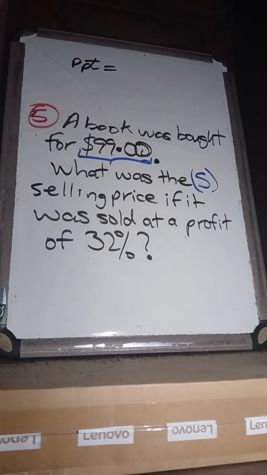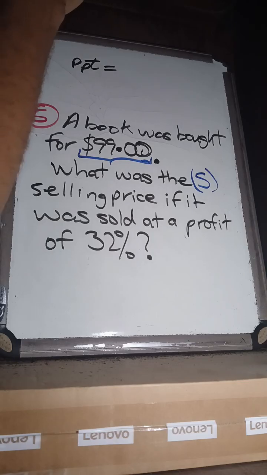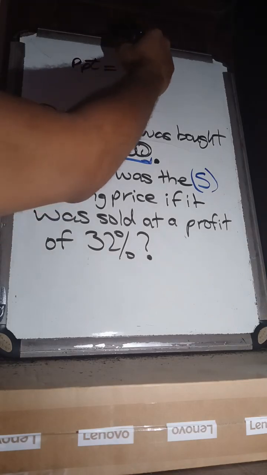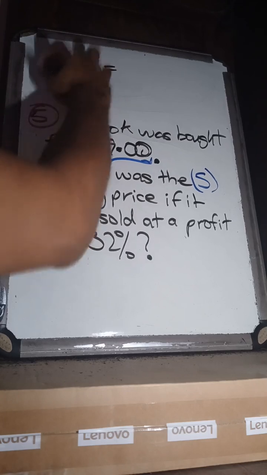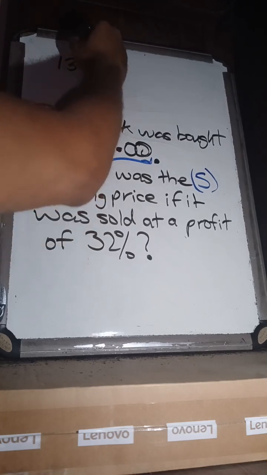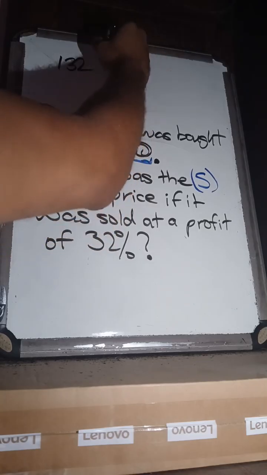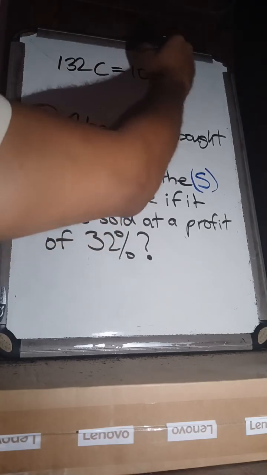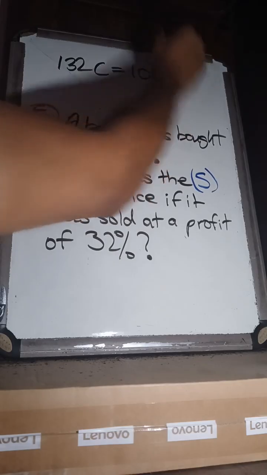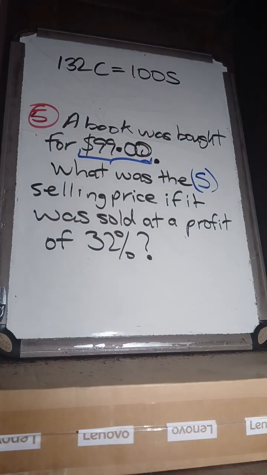I just want to write it in the simplest way possible without going into all of the madness of the algebra. So let me write 132 times C is equal to 100S. Just so that makes sense.